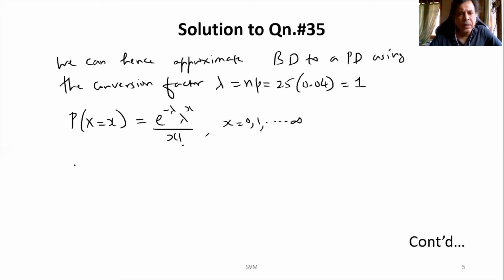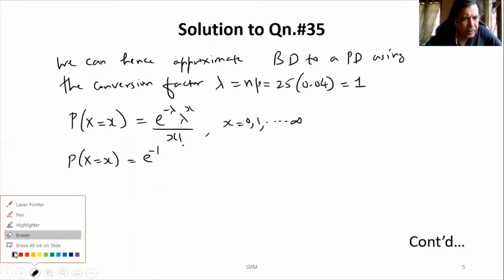Now, wherever lambda is there, I can substitute it with 1.